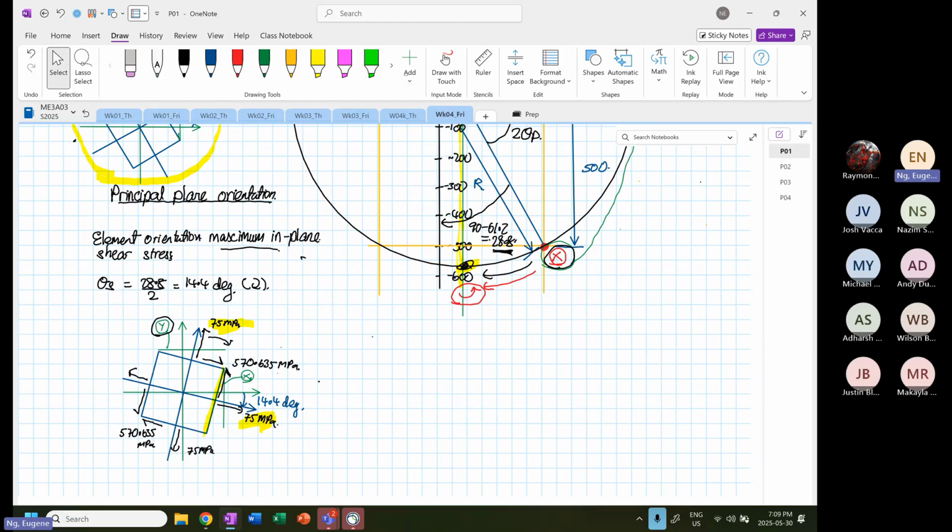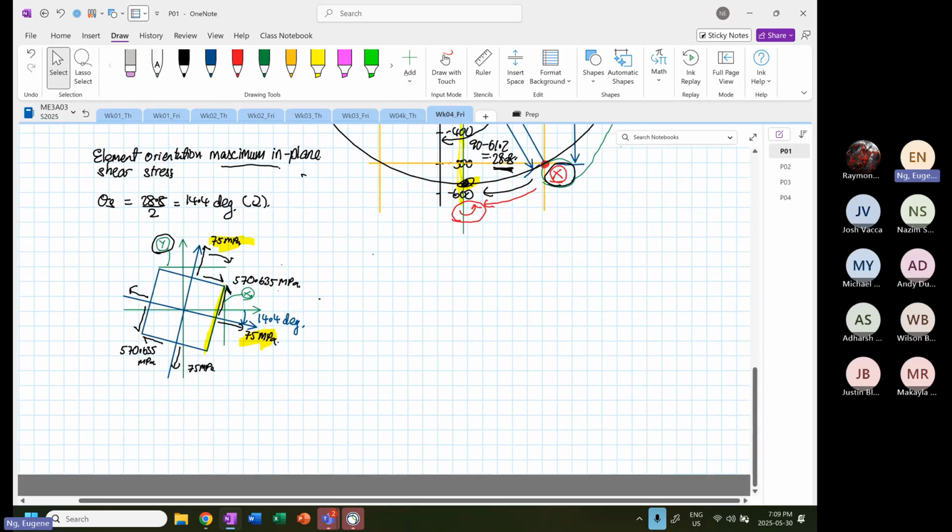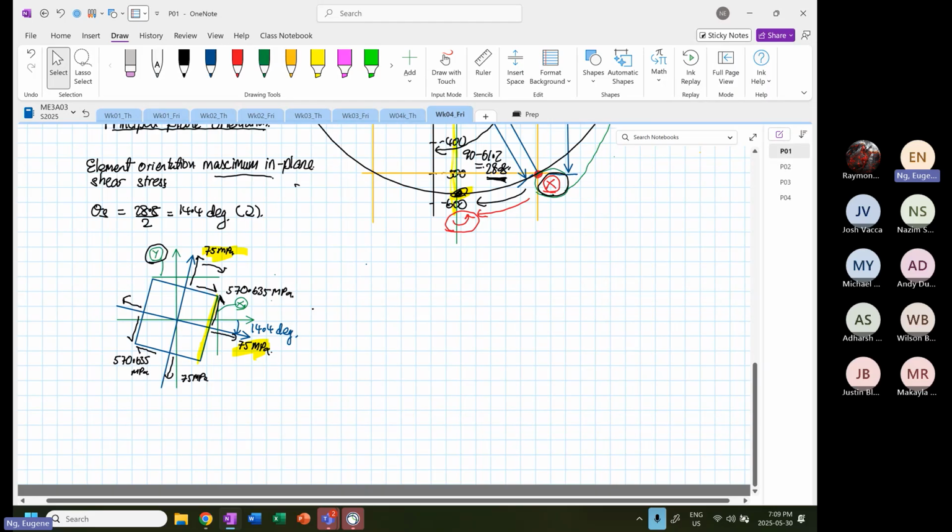Okay. I'm going to do another example. Okay. And we're going to look at another element. And this is slightly different. Okay.